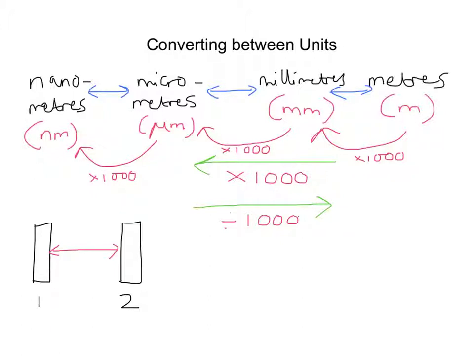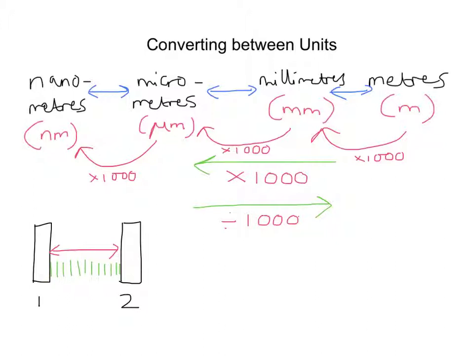So this is just very rough, not at all to scale, but let's say I have a certain number of millimetres in that space there, between 1 and 2. If I'm converting from millimetres to micrometres, the easiest way to think of it is, am I getting more units in my space? And I am, because micrometres are smaller than millimetres.